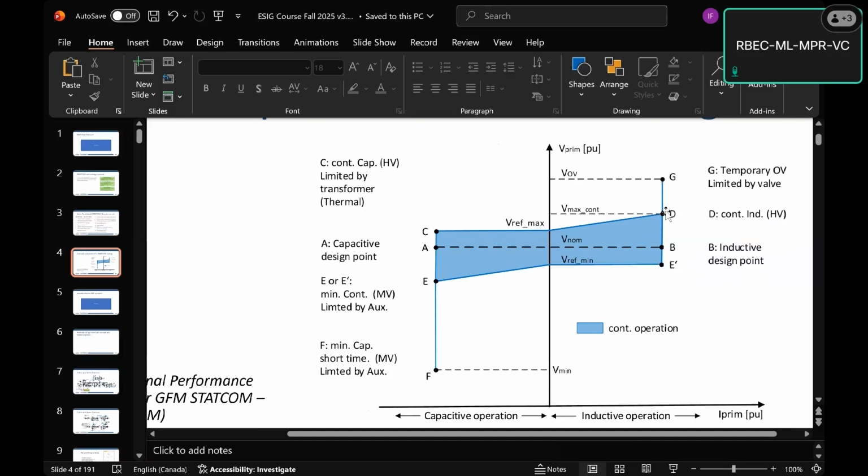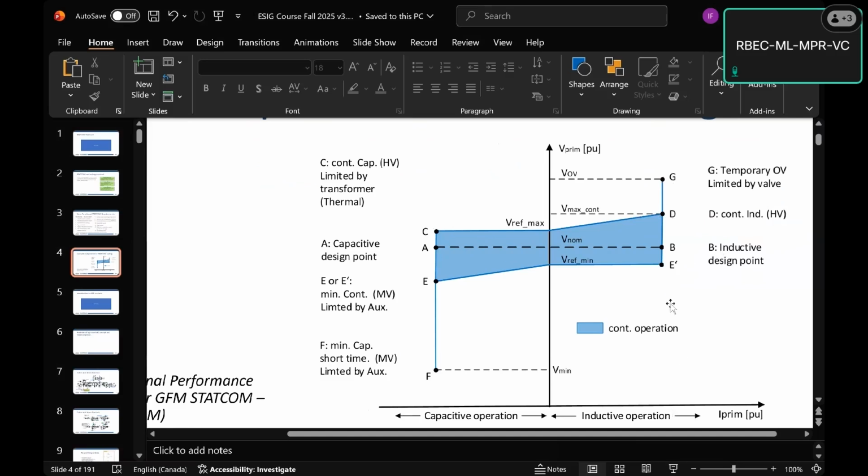And now we're on the inductive side, so the reactive power is going into the STATCOM, and the terminal voltage of the STATCOM is lower. It's not a design point. So this one, they can usually give you more or less what you want.